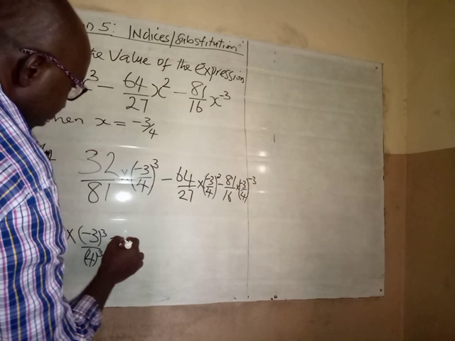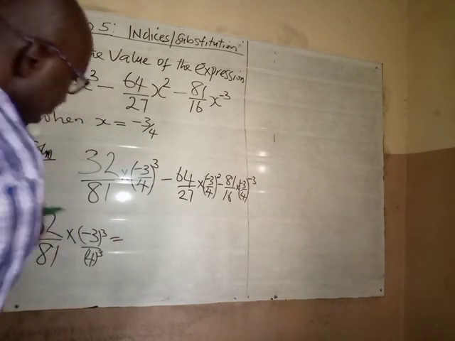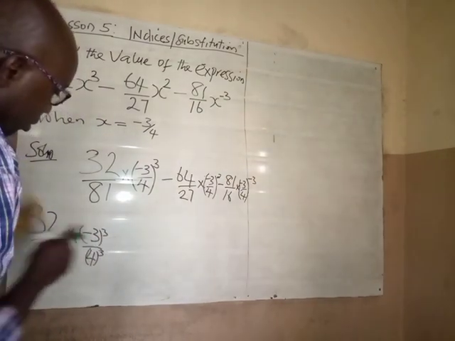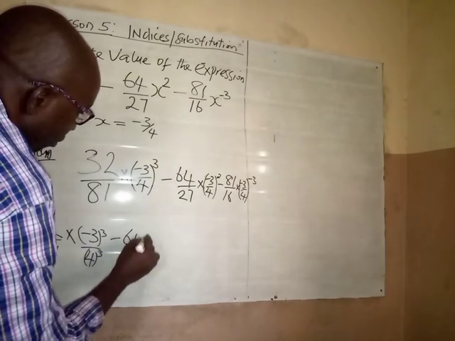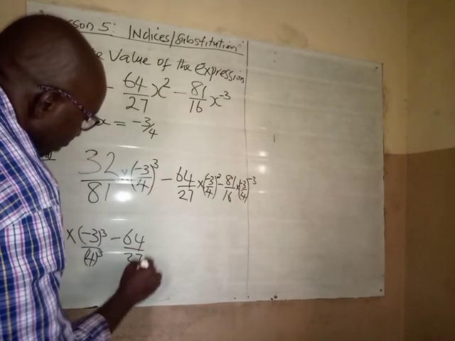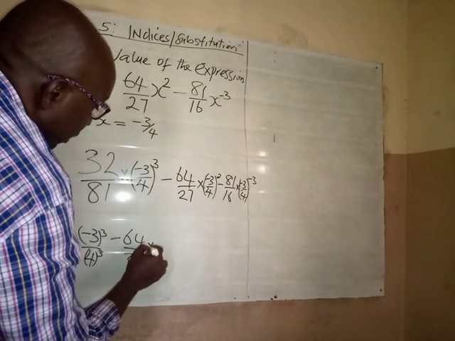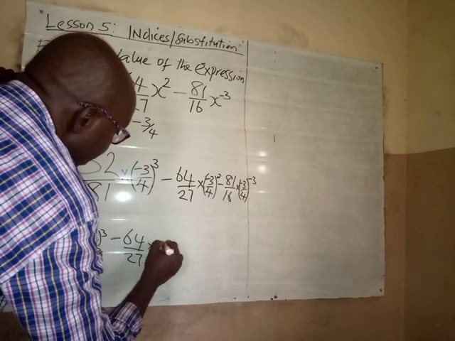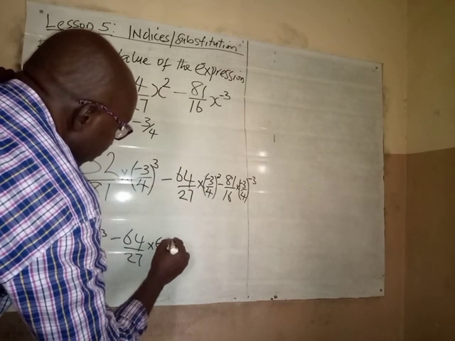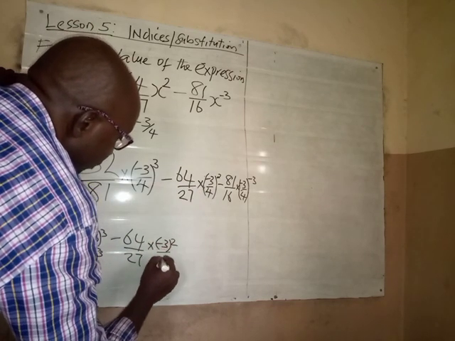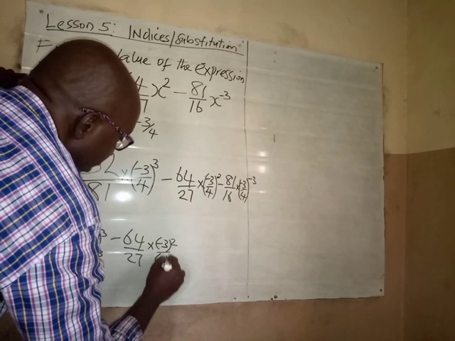Then minus 64 over 27 times minus 3 raised to power 2 over 4 raised to power 2.